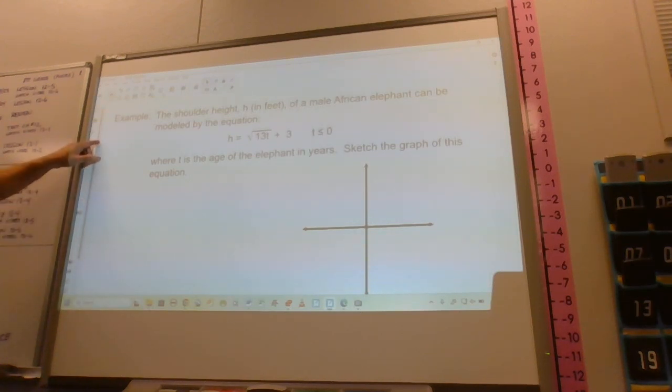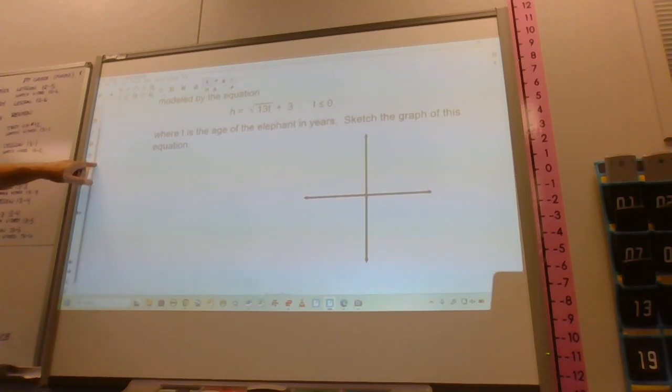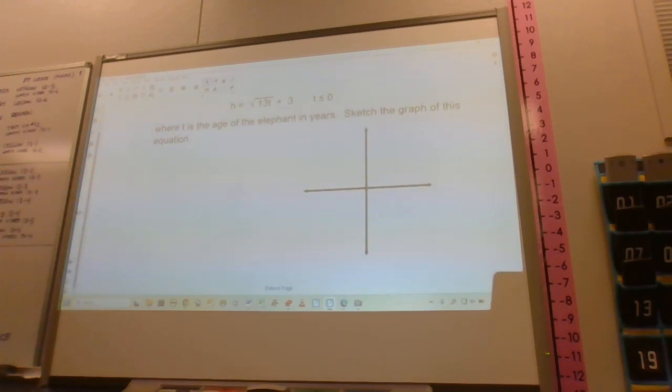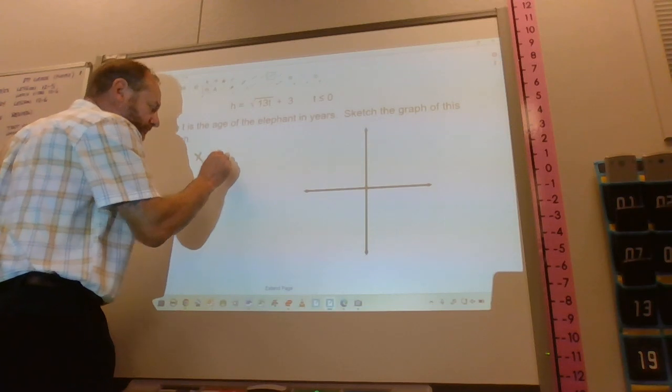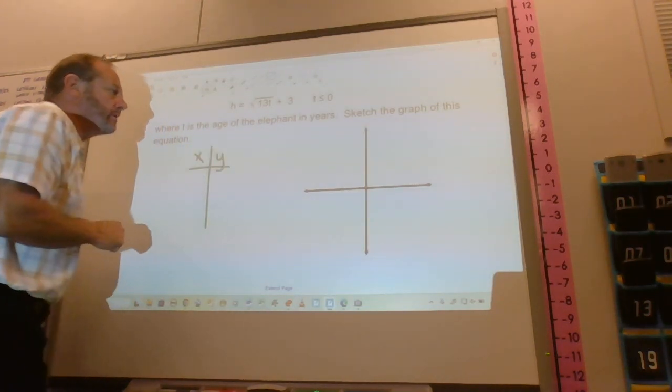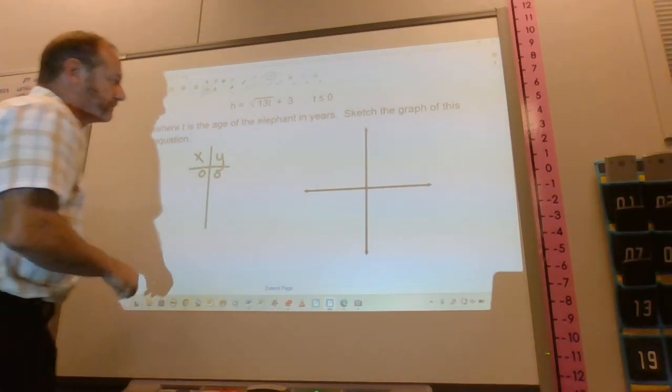The shoulder height h in feet of a male African elephant can be modeled by the equation h equals the square root of 13t plus 3 when t is greater than 0, where t is the age of the elephant in years. Sketch the graph of this equation. Okay, so I would go ahead and make a table. The youngest elephant would start with 0, would come out to be 0, right?